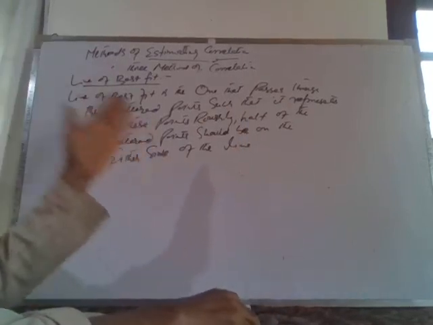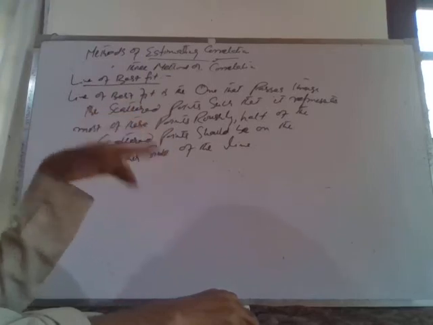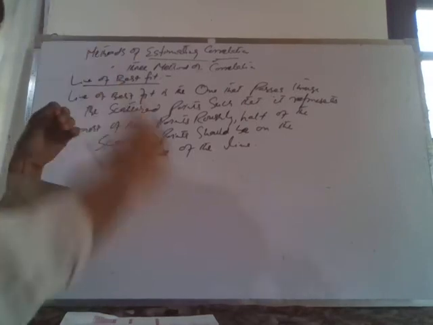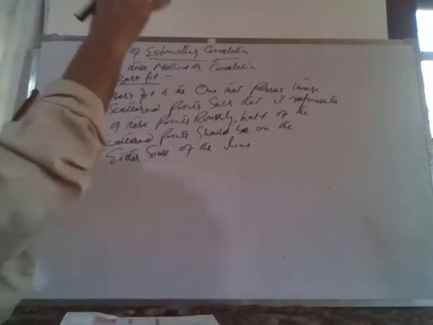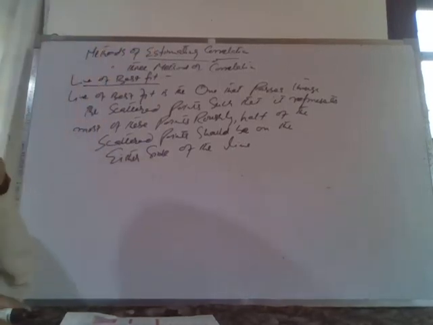So roughly we can say half of the scattered points should be on either side of the line. So जब हम लाइन डालते हैं, लाइन ऑफ बेस्ट फिट, उसके एक हिस्से में आधे पॉइंट, दूसरे हिस्से में आधे पॉइंट, तो उस लाइन को हम लाइन ऑफ बेस्ट फिट कहते हैं.